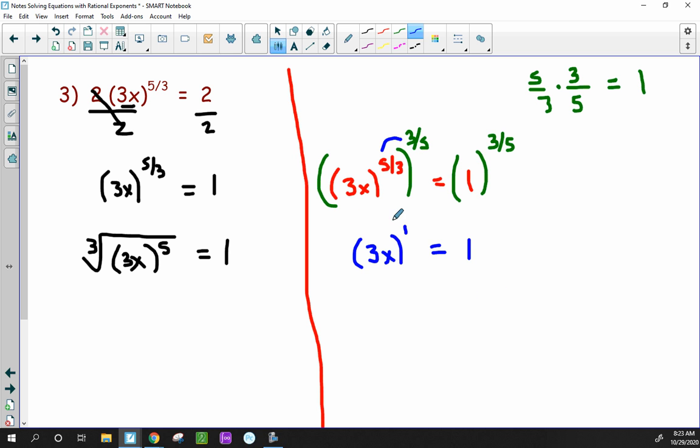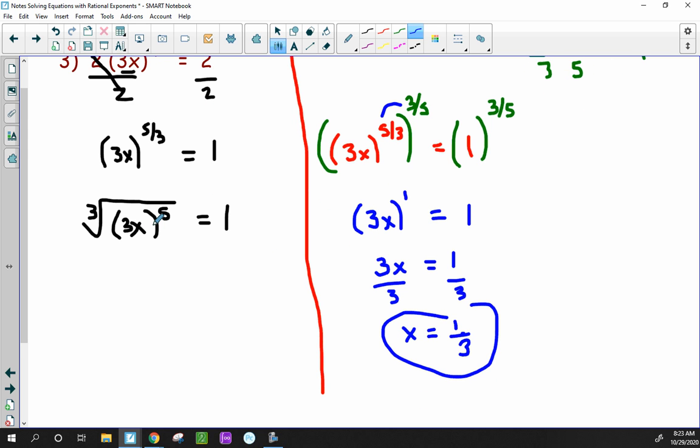And so I don't have a radical now. I do not have a fraction power, so I'm basically just dealing with a linear equation. 3x is equal to 1. And then all I have to do now is solve for x by dividing by 3. And so that means x is equal to 1/3. That's pretty easy. That's probably faster.